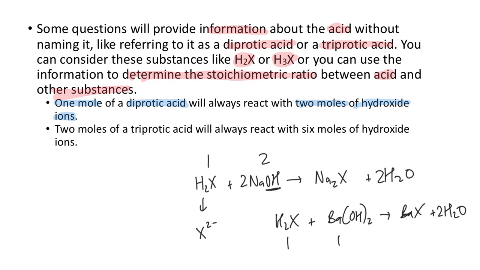Those are the ideas with the stoichiometric ratios between different things. Triprotic acids will react in a 1 to 3 ratio. So just be aware that you can use those to help you work out the stoichiometric ratio between the acid and the other substance. All right, that's it. Adios.